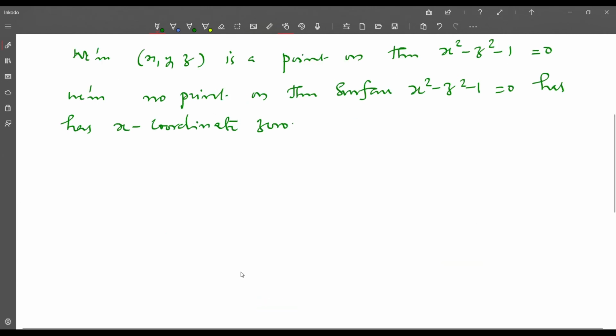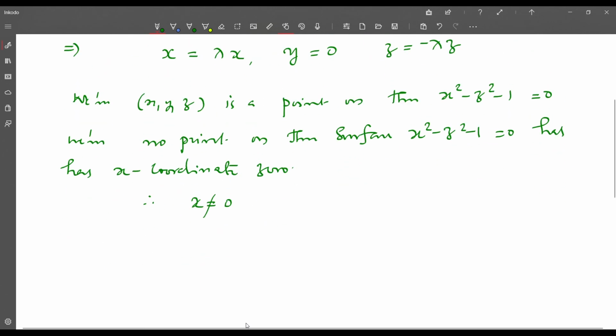Therefore, x is not equal to 0. Therefore, from the equation x is equal to lambda x, we have lambda equal to 1.